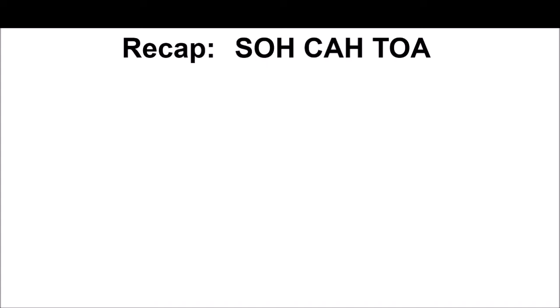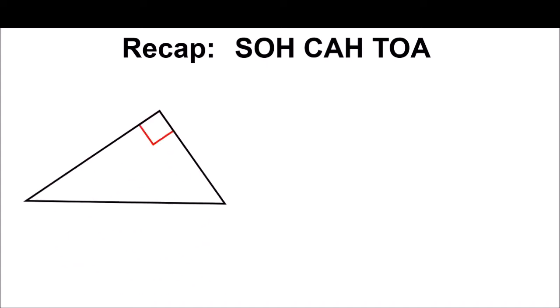Now, the trigonometry we're doing deals with right triangles, and in each right triangle, we're dealing specifically with one of the angles that's not 90 degrees, right? So let's say this one, call it theta. And then relative to that angle theta, remember we give special names to each of the three side lengths.